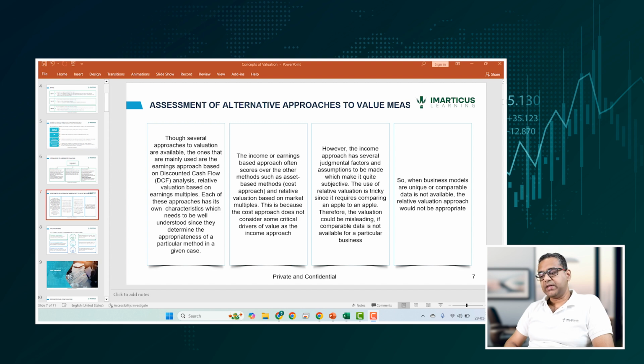So if we are not able to do apple to apple comparison, then the relative valuation, trading comparables valuation, may not be the best approach to go with. So when the business models are unique or comparable data is not available, the relative valuation approach would not be appropriate.